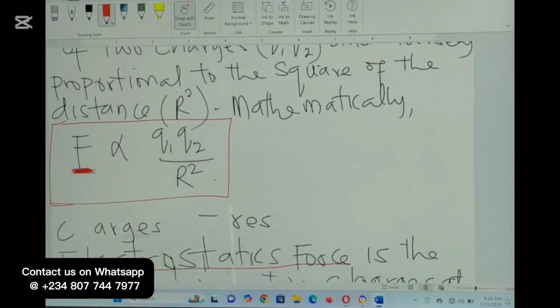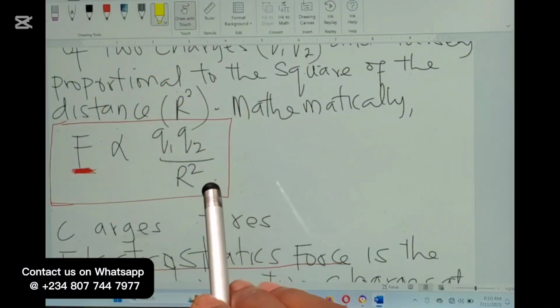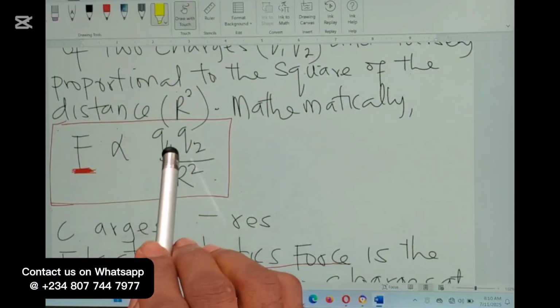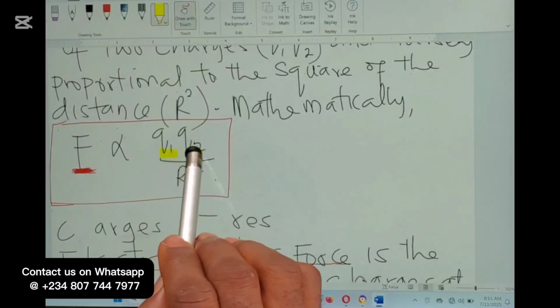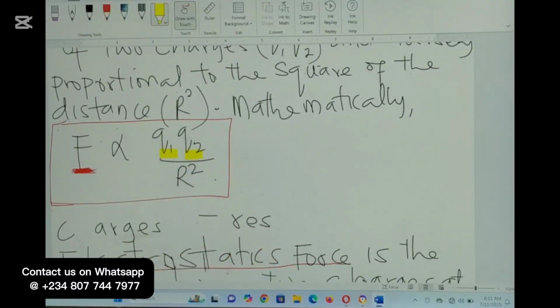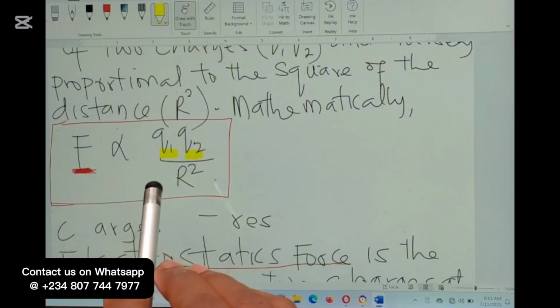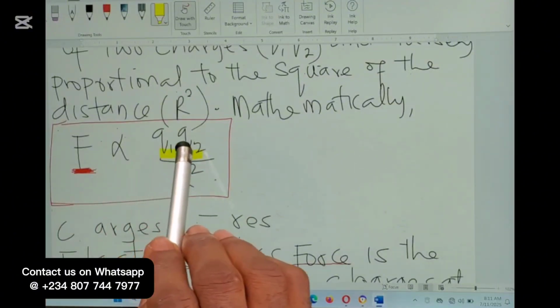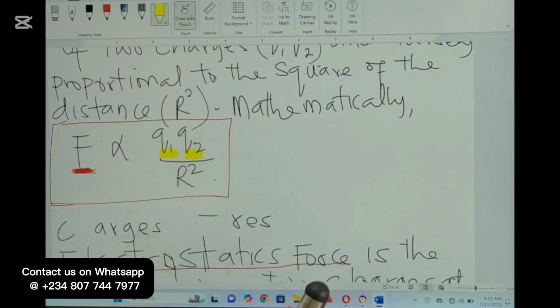For us to know that, it depends on these two charges, because it's only charge that can be attractive or repulsive.